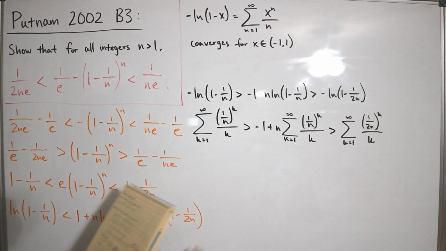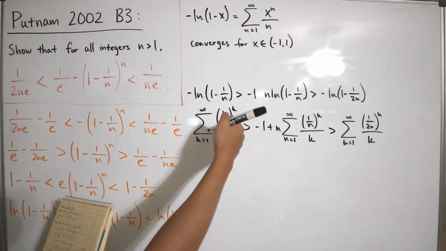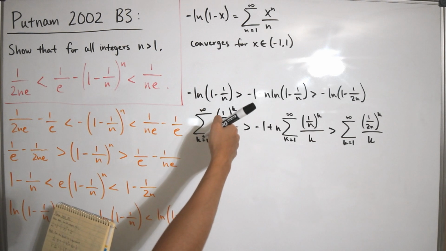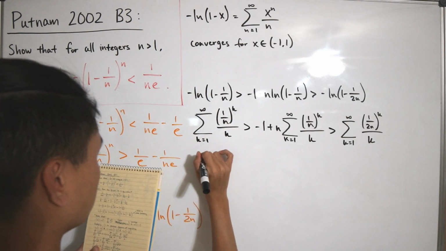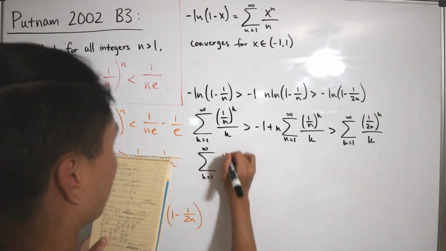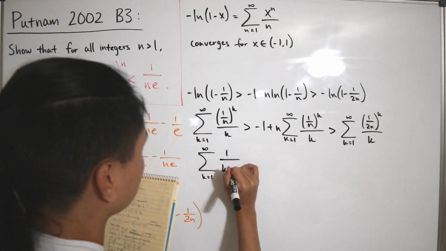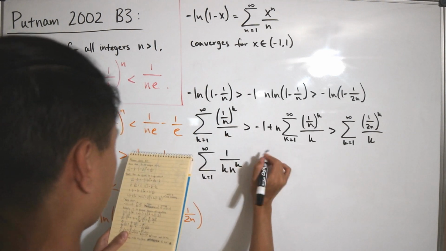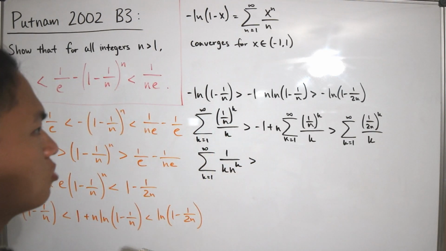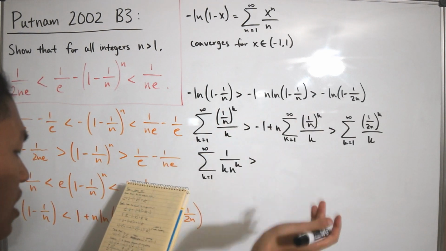And now let's simplify some things a little further. What I mean is distribute the k into the exponents for whatever is in the base. So this is going to be the infinite sum, k equal to 1 of 1 divided by k times n to the power k, greater than... so what I can do here is rewrite this entire expression with a different re-indexing as well.